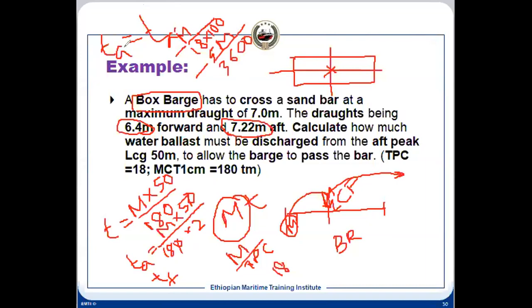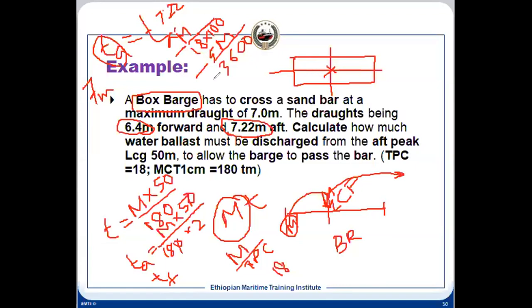This is the initial TA. Final TA, how much do we have to achieve? 7. We know what we have to achieve, and this is 7.22. It means these two together should be 0.22.